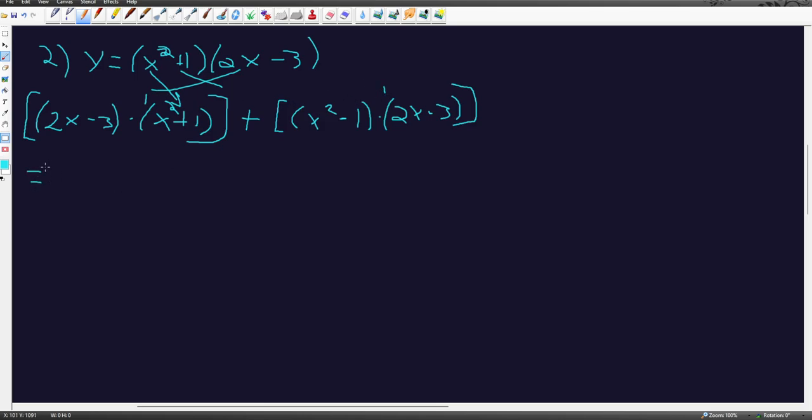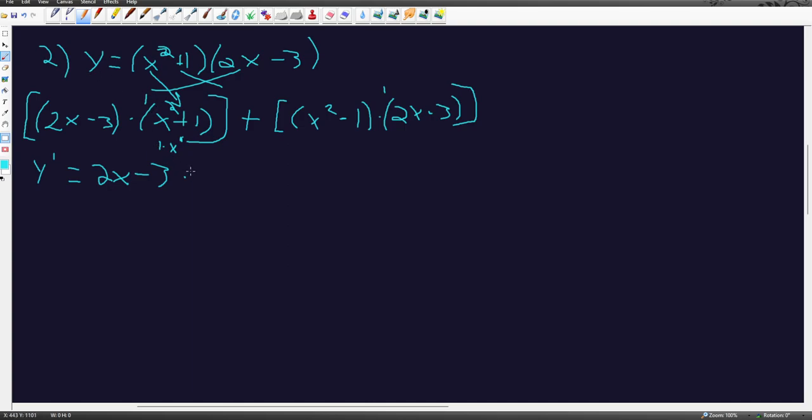And here I'll note it as the derivative first. Y prime equals 2 of x minus 3 times the derivative. The derivative of x is 1. We have an imaginary 1. Oh, we have a 1 in front of it.